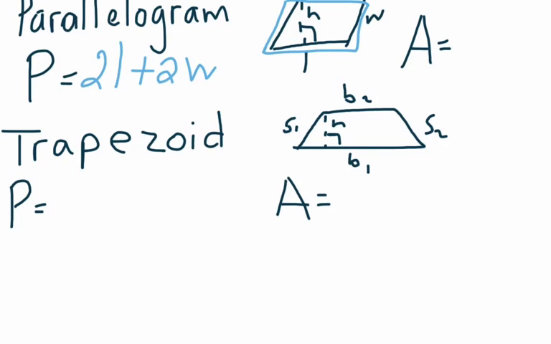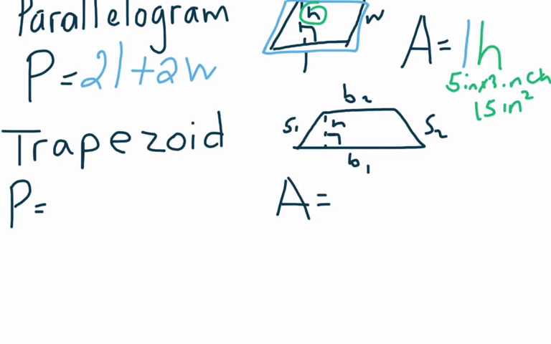Area is going to be the length times the height, so it's going to be LH, and just remember again, your answer is going to be squared. So if this was 5 inches times 3 inches, the area of the parallelogram would be 5 times 3, which is 15 inches squared.